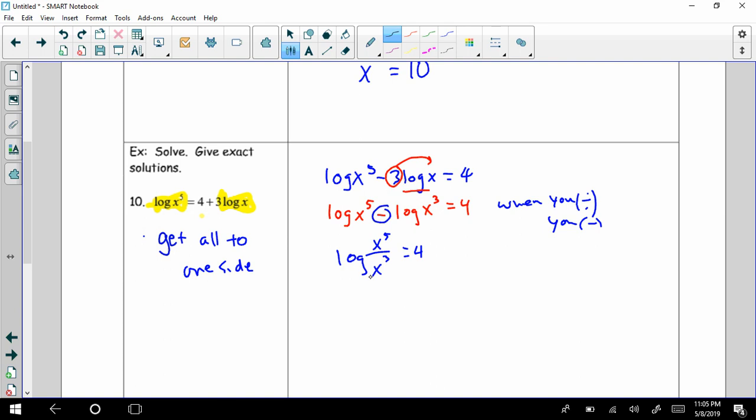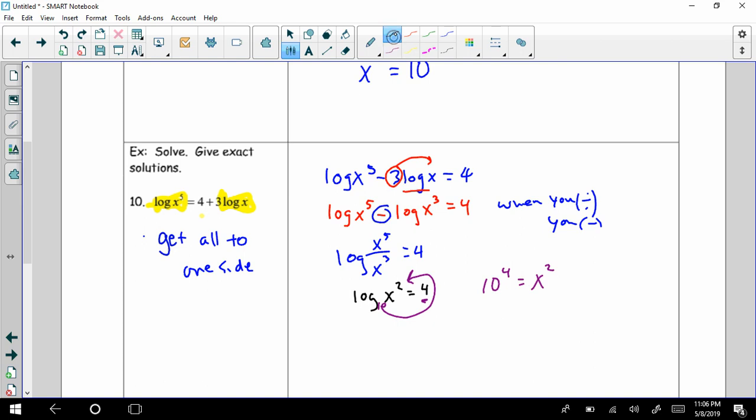So we have x to the 5th over x to the 3rd. That simplifies down to x squared equals 4. And now we are finally ready, where we have this single value here, to convert it. So I have 10 to the 4th power equals x squared.